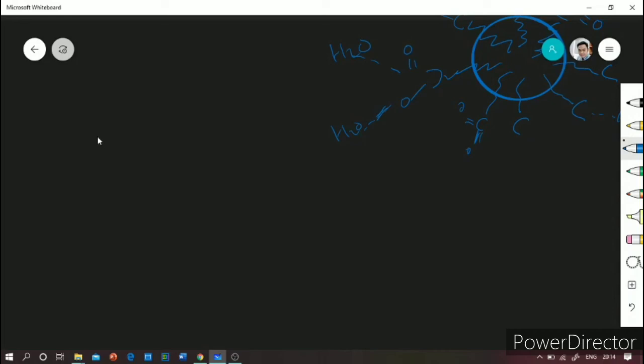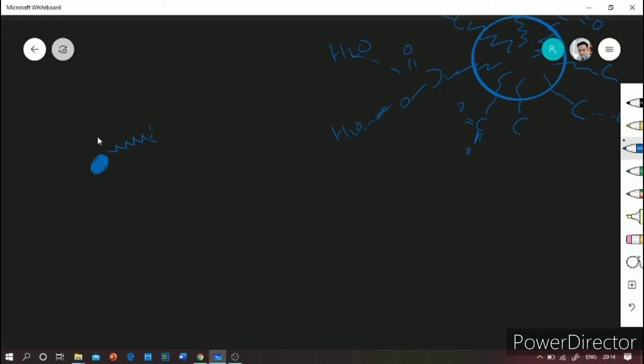Now let's see if you use this soap to eliminate non-polar material or oil, for example, in your dirty laundry. Because of this ability, soap can interact with non-polar and polar at the same time. So imagine you have this dirt or this oil on your shirt. This will interact with the non-polar side of the soap, so it's going to be like this.